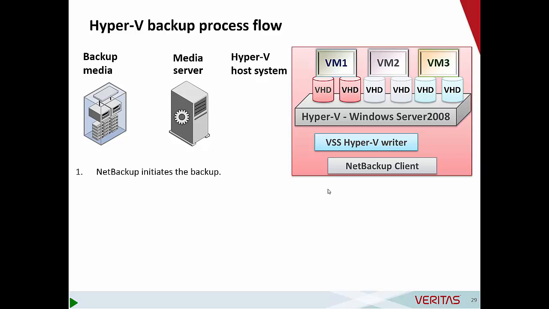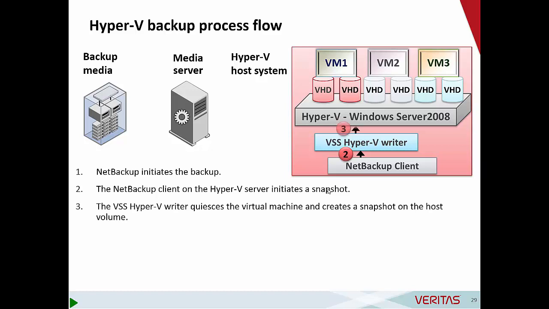BPBRM, the Backup and Restore Manager, is started on the media server and reaches out to the Hyper-V host system. The NetBackup client software, in this case the BPFIS process, is going to communicate with VSS to initiate the snapshot. It's the responsibility of the VSS Hyper-V writer to quiesce the virtual machines and to create the snapshot, which by default will be created on the host volume.